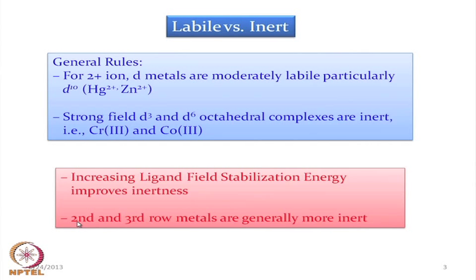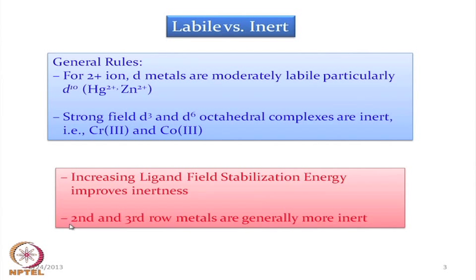If we move from iron to ruthenium to osmium, similarly from nickel to palladium to platinum, we will find that ruthenium and osmium as well as palladium and platinum show more inert complexes. So, when we study the kinetics of these complexes, the good choice would be the compounds from the second and third row elements.